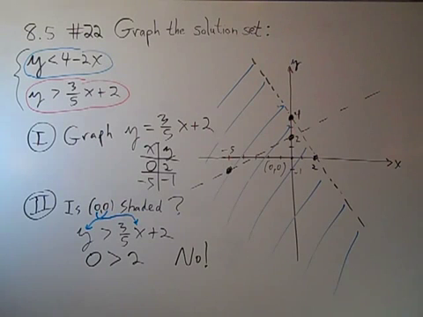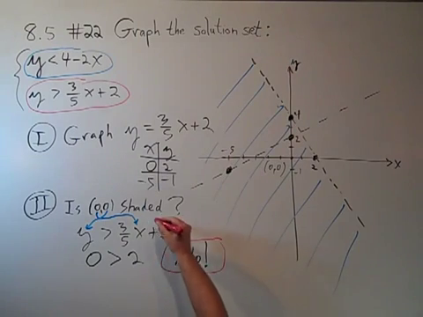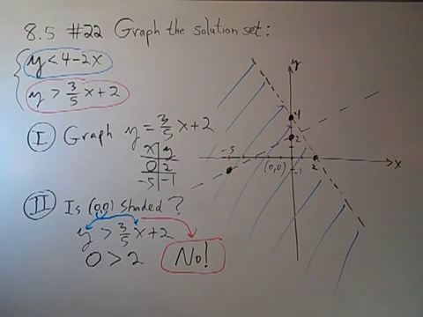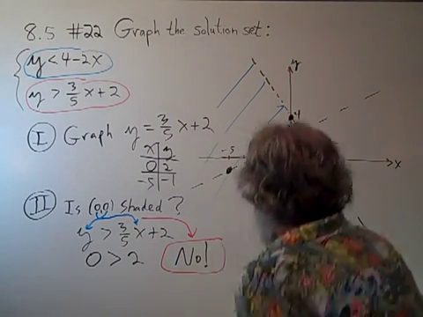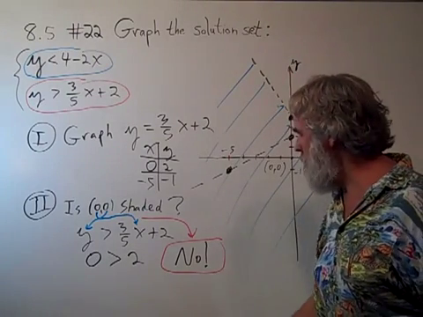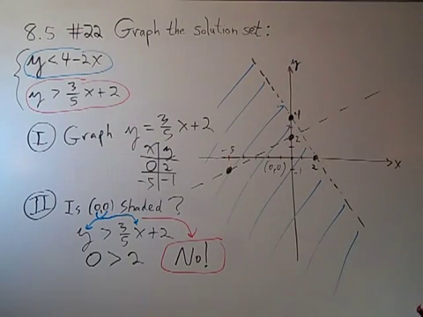That's not true. 0 is not bigger than 2. 0 is smaller than 2. So that's the answer to our question concerning the shading of 0. For this line, 0 is on the opposite side of the line from the solution set region.